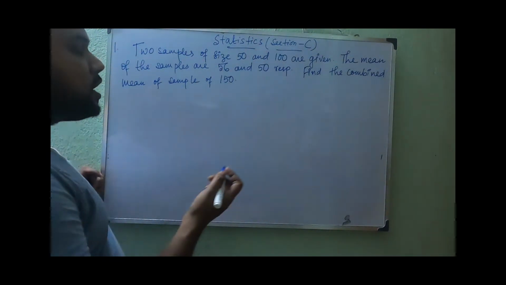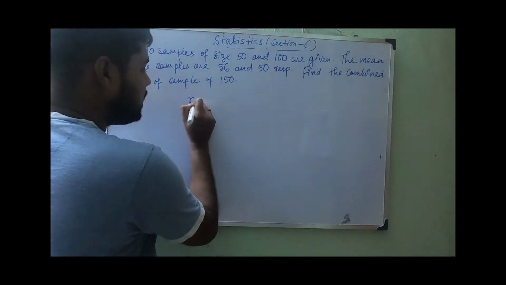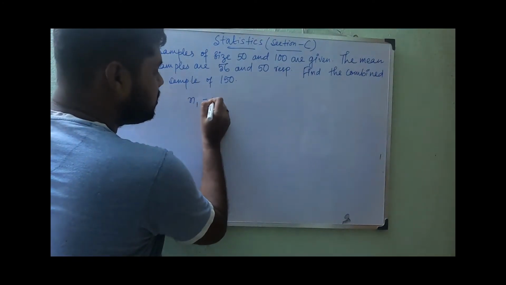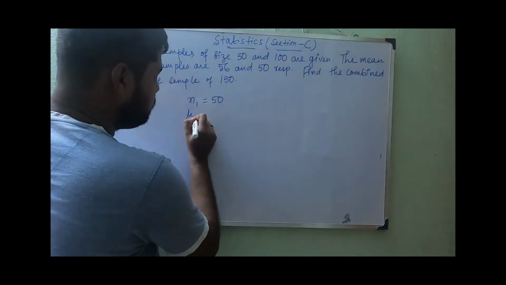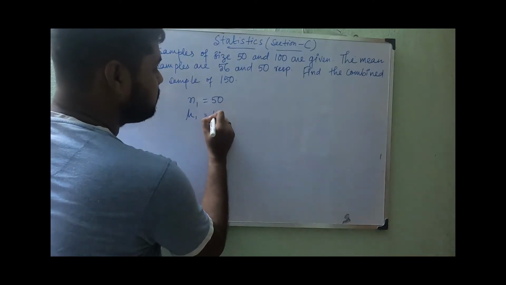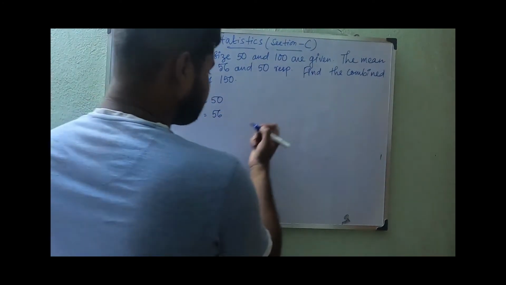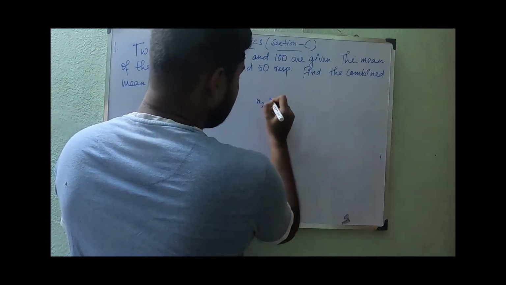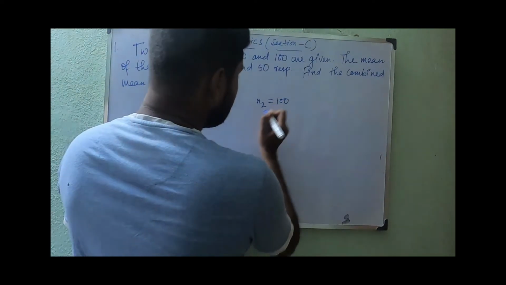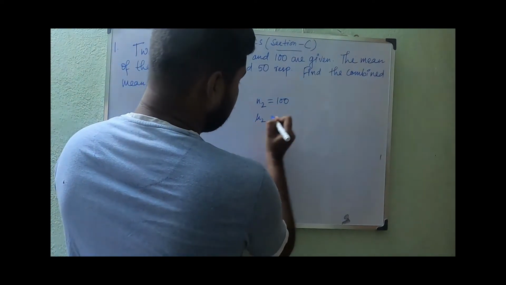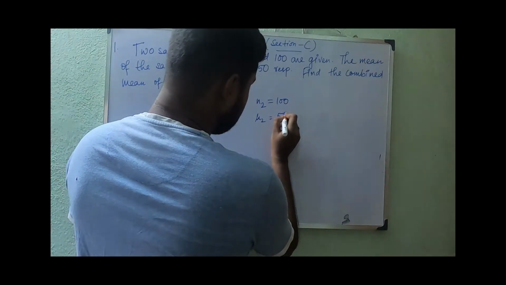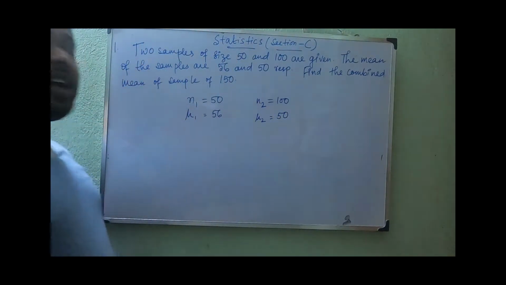So let us first write what is given. So n1 is 50, mu1 is 56, n2 is 100, mu2 is 50. So these are the values given.